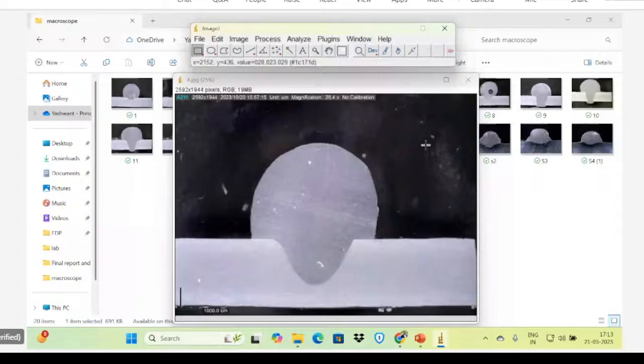If the scale bar is not in the image, you have to make one on your own. For that, you should know the length the microscope image covers. You can put a steel ruler beneath the microscope lens and take an image, and see how much distance the length represents. Suppose from this point to this point it is 10.